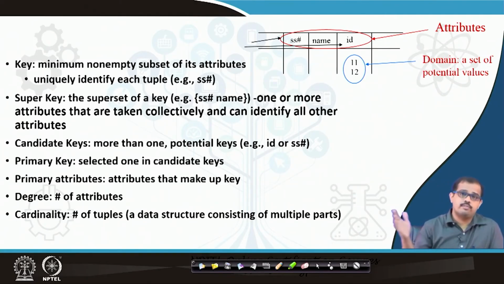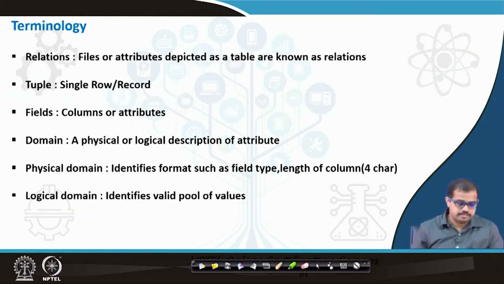Degree is the number of attributes that it has, and the number of tuples, or how many tuples there are in a particular system, is the cardinality of that system.